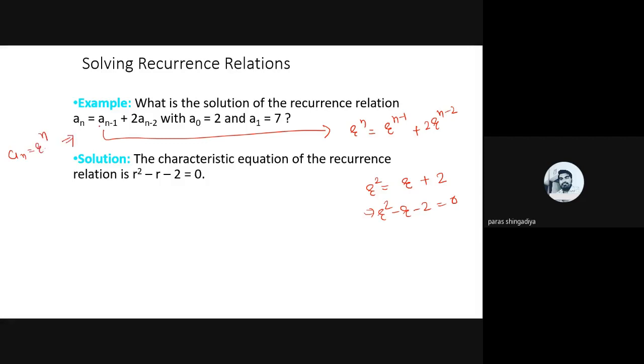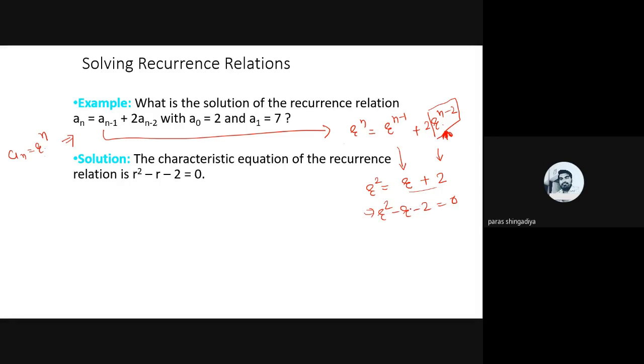So an will become r raised to n, an minus 1 will become r raised to n minus 1, and an minus 2 will become r raised to n minus 2. Okay, later you have to divide the whole equation by the last term, that is r raised to n minus 2. So the first term will be r square, the second term r raised to n minus 1 will become r, and the third term will be only 2 remaining. Okay, and now shifted to this side, r square minus r minus 2 is equal to 0.